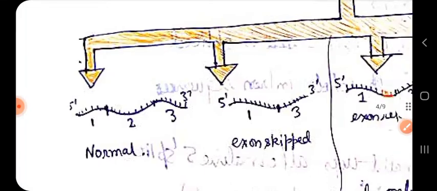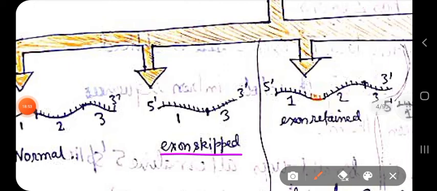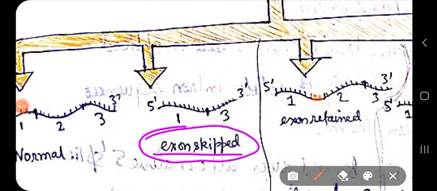The second way is exon skipping. Exon skipping means a particular exon is skipped, as we have seen in the human mammalian muscle protein troponin T.